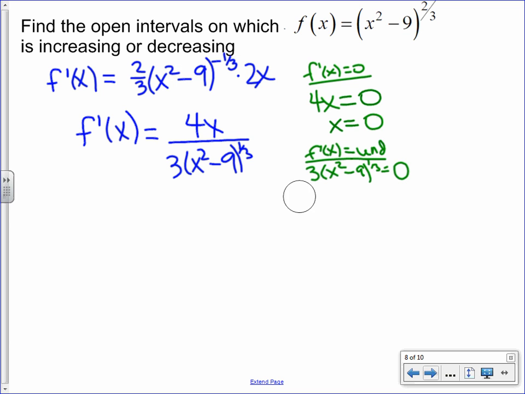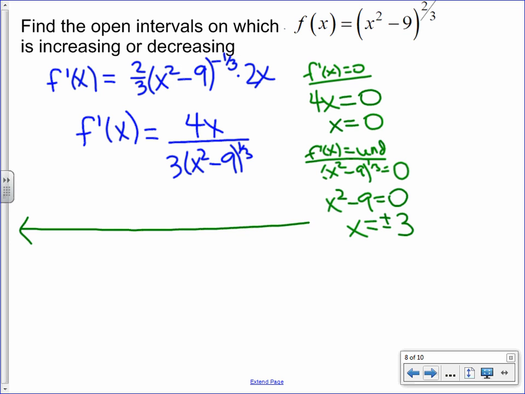Divide by 3. Then what? Instead of cube rooting, you cube it. Okay. So now we have 3 critical points.